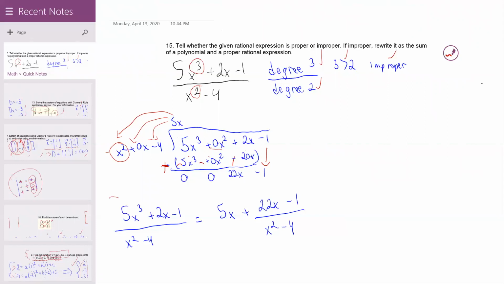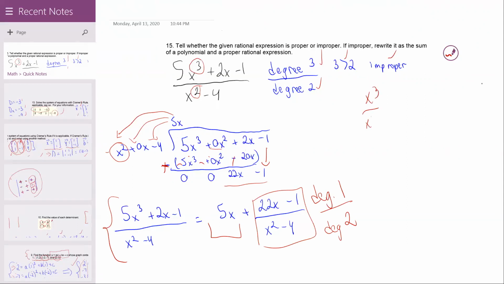So this original that we had is now equal to 5x, which is a polynomial, plus a proper rational expression, because this is a degree 1 and this is a degree 2. So it is proper, and this makes sense that our remainder would be a line because we had a cubic over a quadratic, so like x cubed over x squared equals x, so this makes sense.